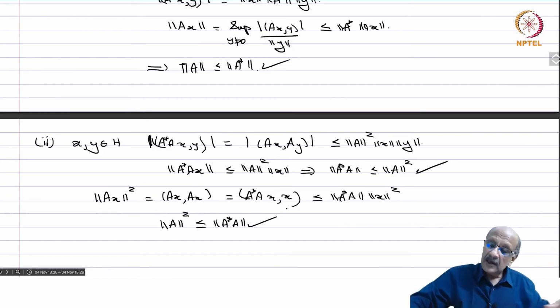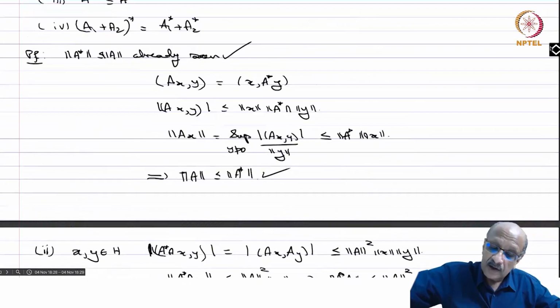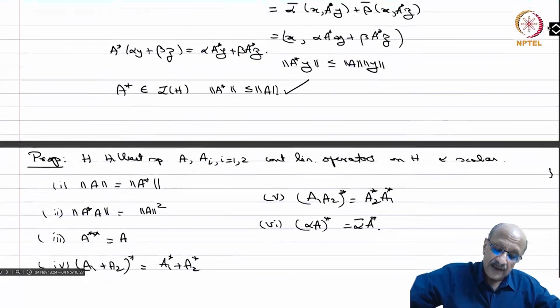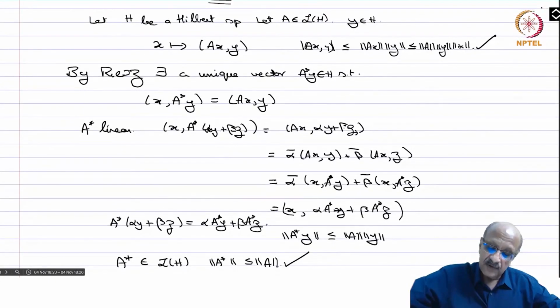Now the remaining are all very trivial consequences. A double star equal to A just comes from this relation itself. This tells you the symmetry in this relationship.